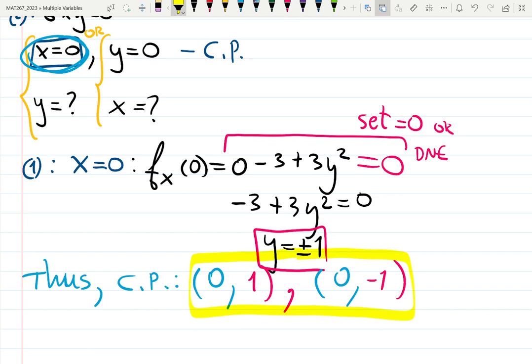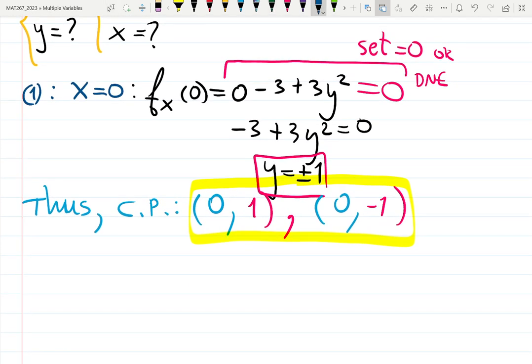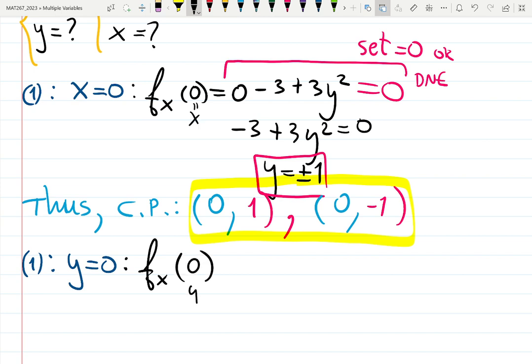Now we have the second case. What happens when y is 0? Repeat the whole process. Again, it's equation number 1, we did not change that. But now I plug in y equals 0. Partial derivative with respect to x, but that was for x equals 0. Now it's y equals 0.